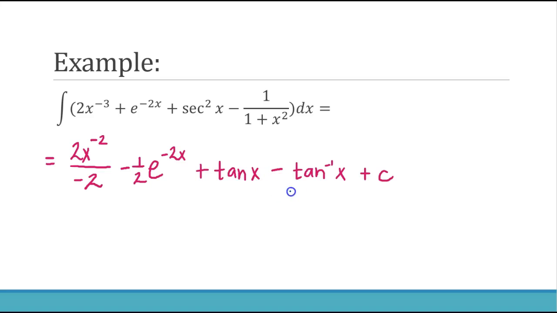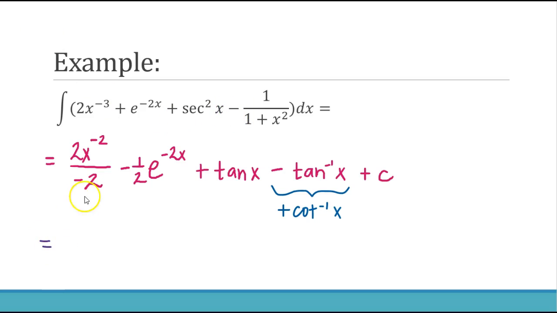We could also have written this as plus cotangent inverse of x. So negative 1 over 1 plus x squared, if we remember from our derivatives, was the derivative of cotangent inverse of x. So that's another variation, but we'd have to make sure to write plus cotangent inverse of x.